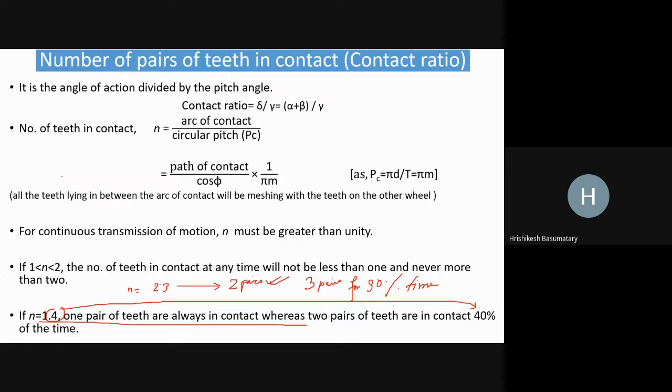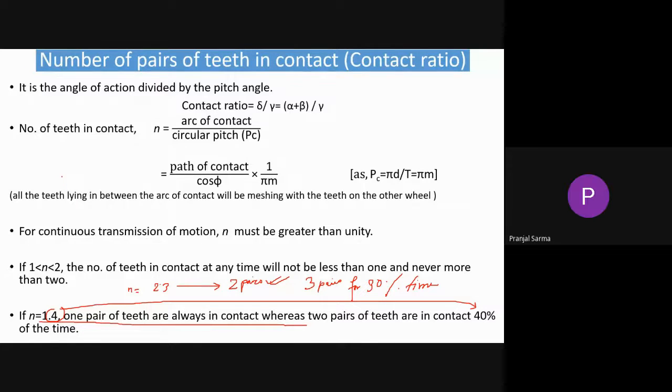Sir, two pairs in contact 50% of the time. That is the meaning of 2.5, n equal to 2.5. Anyone else? Shankar? Yes, sir.